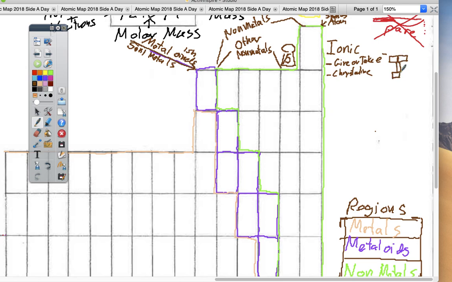And you guys will find that this happens in nature, and a lot of times it happens with salts, right? What's the word under give or take? Crystalline. They're like a crystal structure, okay? So these are ionic bonds, and we have cations and anions.